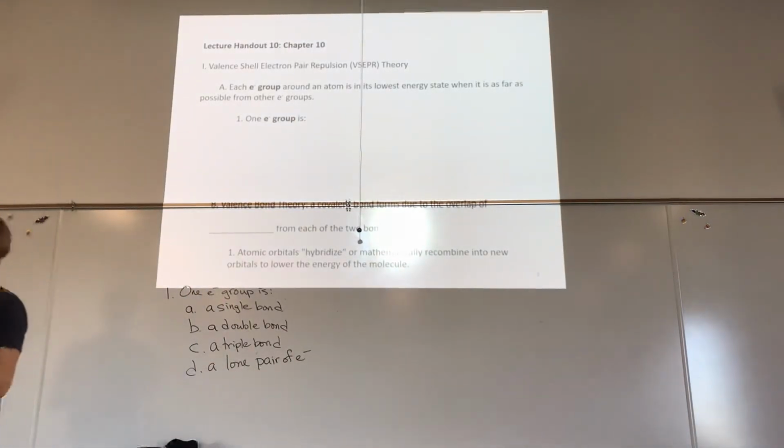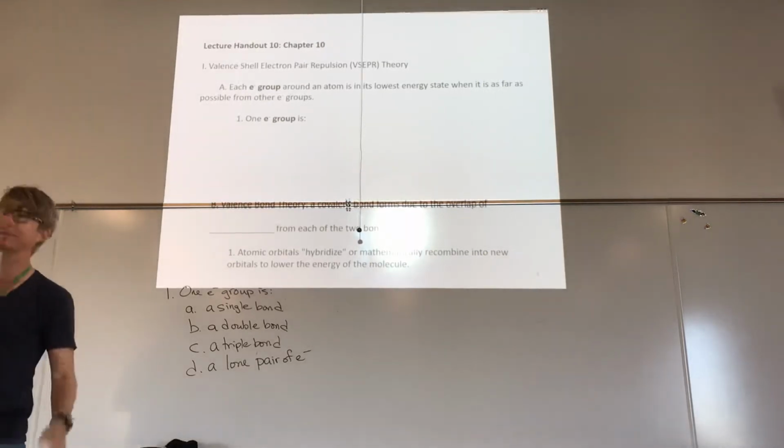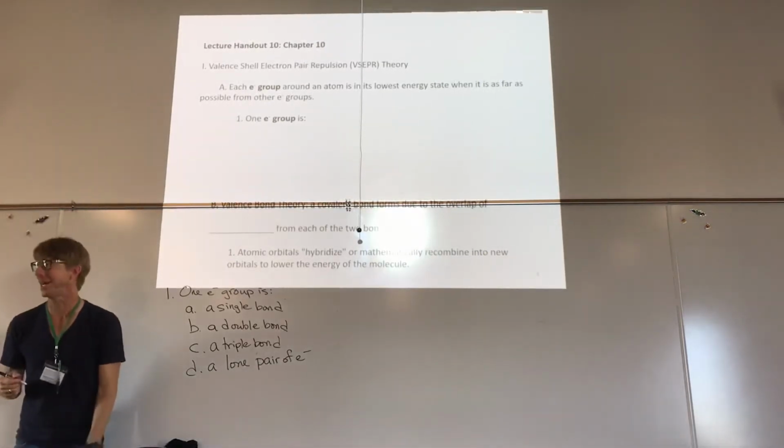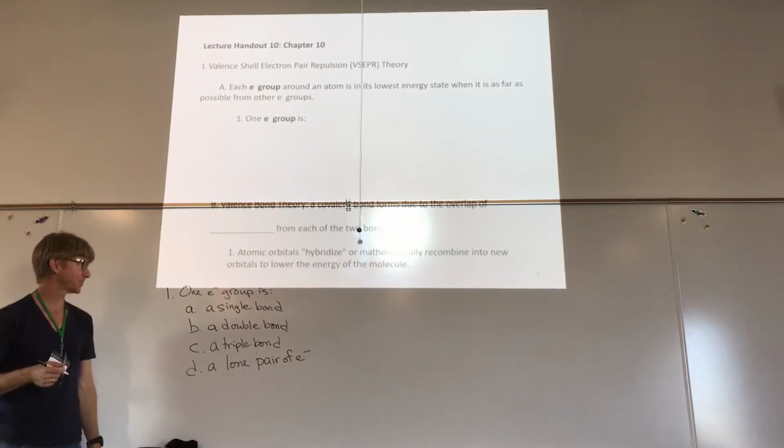And a lone pair of electrons, those are the electron pairs that are not parts of bonds. Sometimes they're also called non-bonding pairs of electrons. Whatever, they're not dashes, let's say that. They are 2 dots.